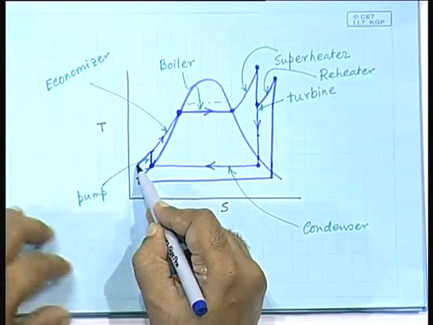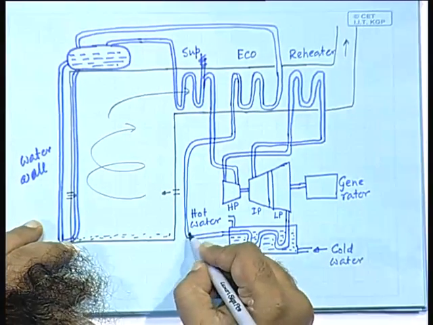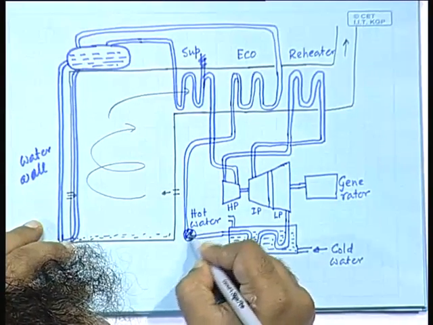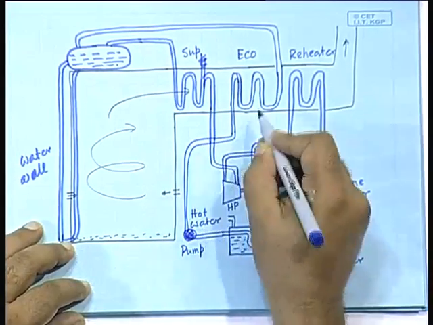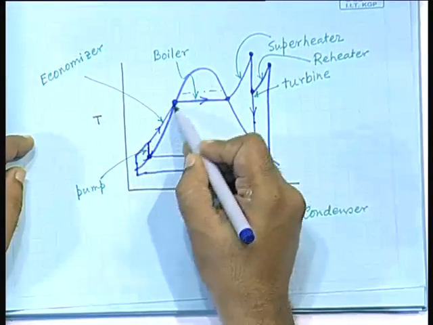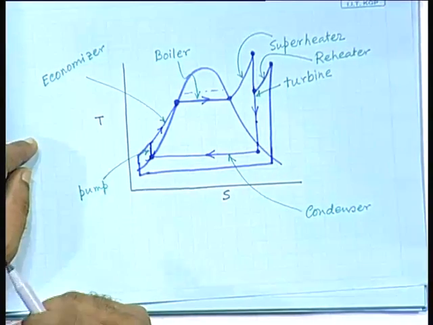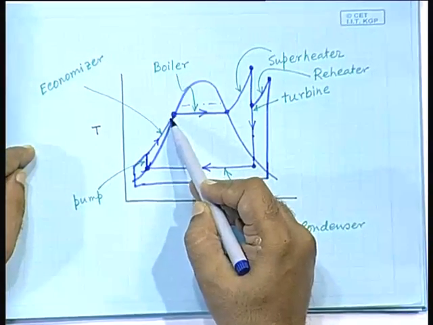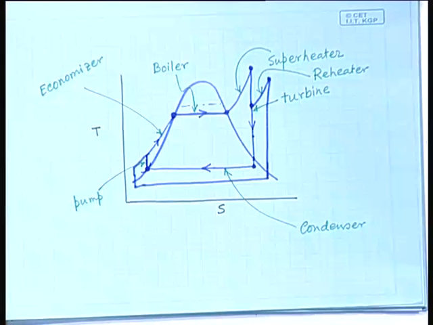Here is the process in the pump. So, I have to put a pump somewhere here. It has to be pumped at this stage. There is a pump, and then you have this process going in the economizer. Finally, you bring it here and put it inside the boiler drum. Clear?